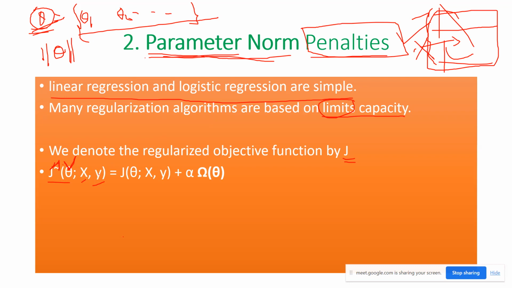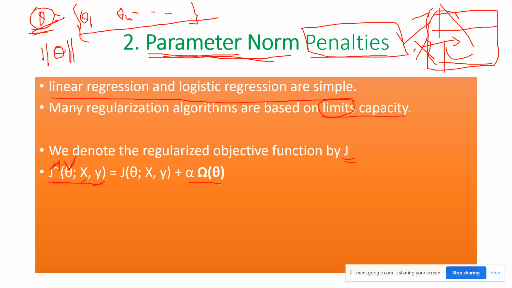This Y is the single output we are predicting. So we are generating the output with respect to the X inputs, with the control of the parameter theta. That is represented as J of theta, X comma Y, plus alpha into norm theta.